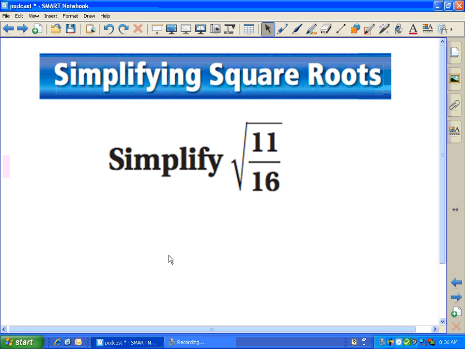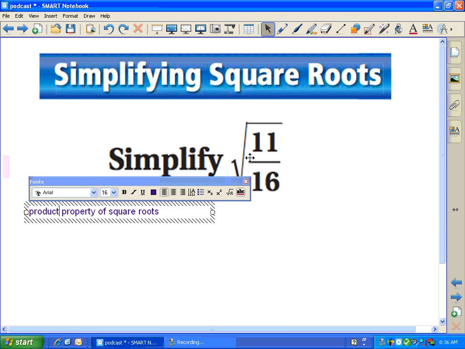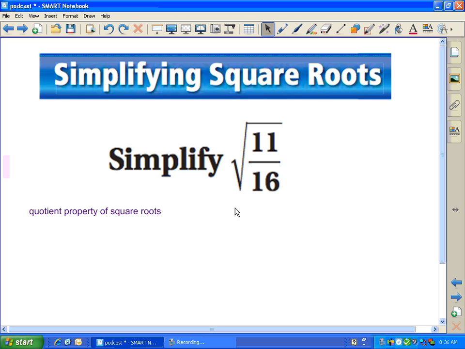Now I'm going to cut and paste this and throw it onto this slide, because instead of using the product property of square roots, division, excellent job if you said another word for division is quotient. So this time, since I'm dividing, this is going to be the quotient property of square roots.